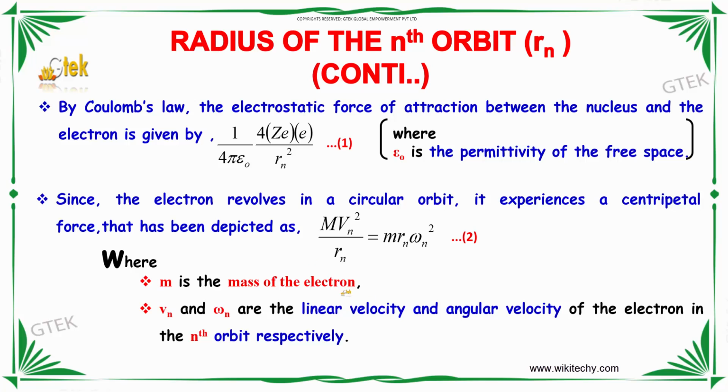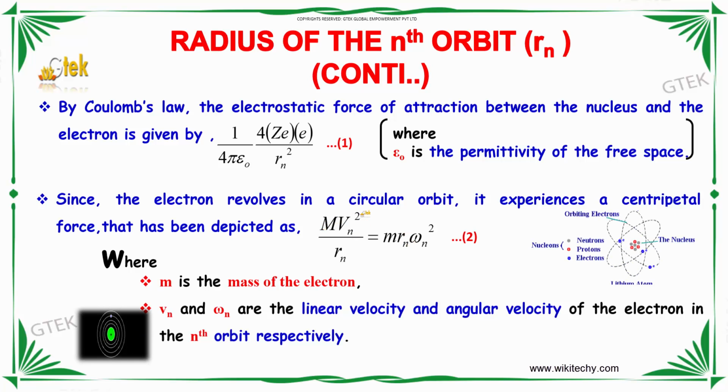Since the electron revolves in a circular orbit, it experiences a centripetal force that can be depicted as m vn square divided by Rn, which is equivalent to m Rn omega n square, where m is the mass of the electron, vn and omega n are the linear velocity and angular velocity of the electron in the nth orbit respectively.